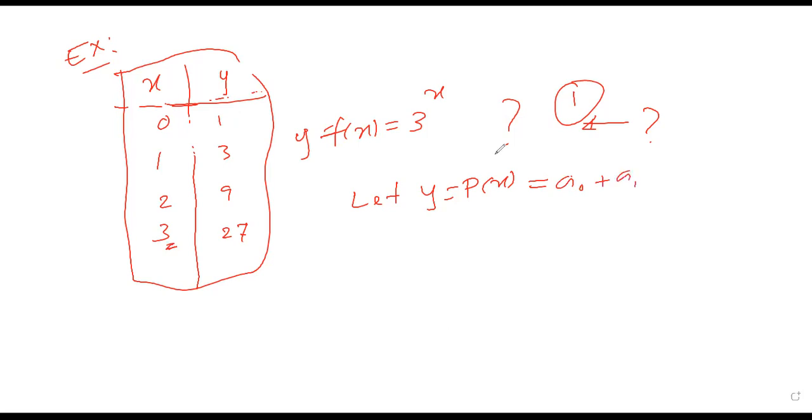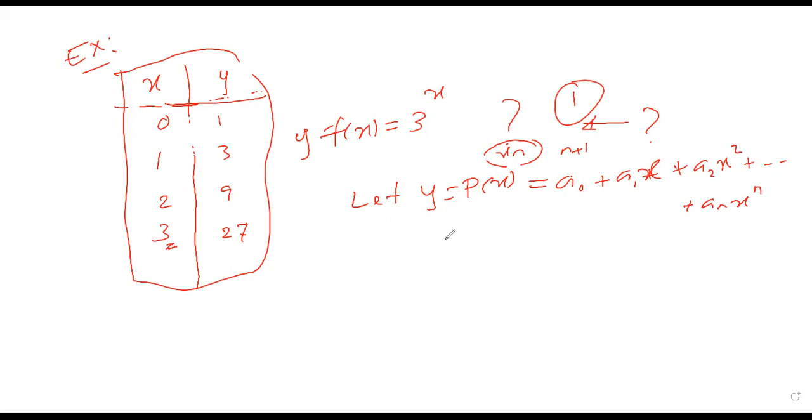If it is n plus 1 points, I go up to an. So a naught plus a1x plus a2x squared up to anxn. This is our polynomial. We're going to find out these coefficients for this example.